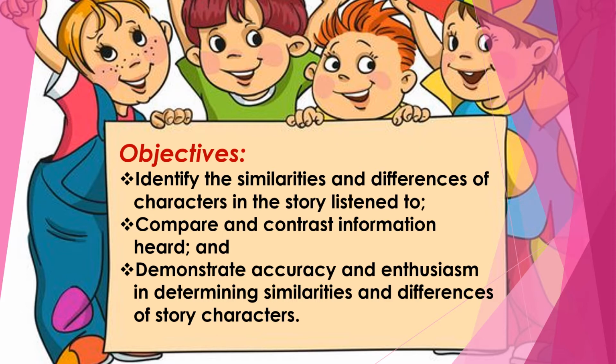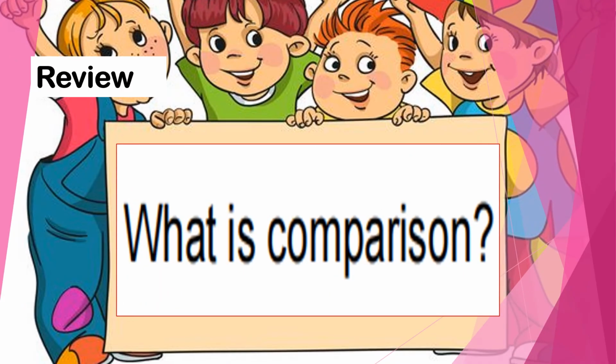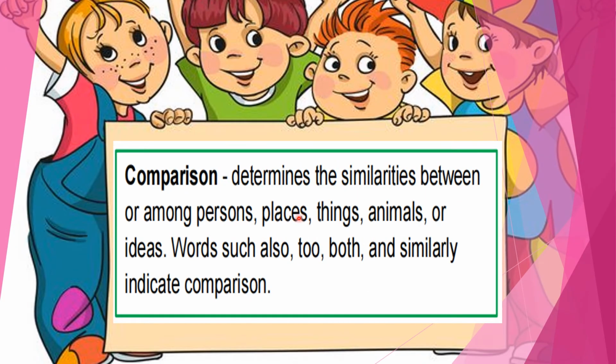What does compare and contrast mean, or what is comparison, everybody? What is comparison? Comparison determines the similarities between or among persons, places, things, animals, or ideas. Words such as also, too, both, similarly indicate comparison.